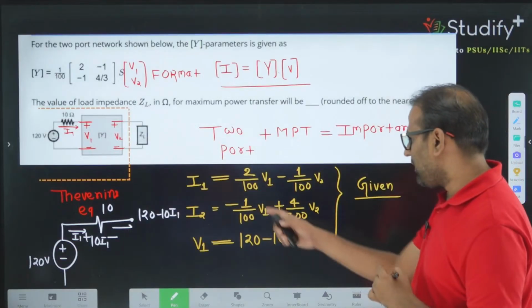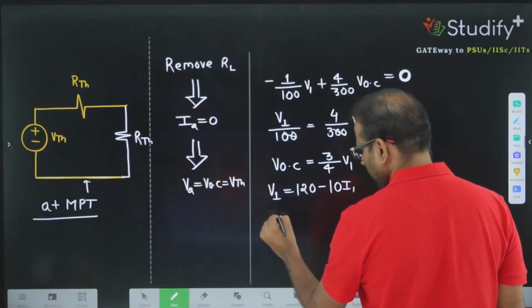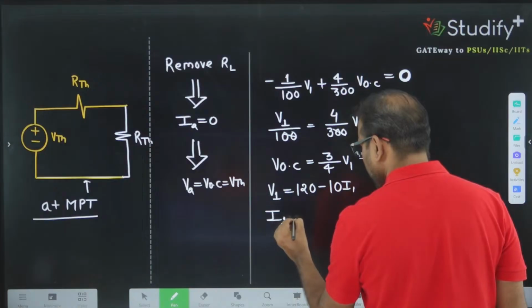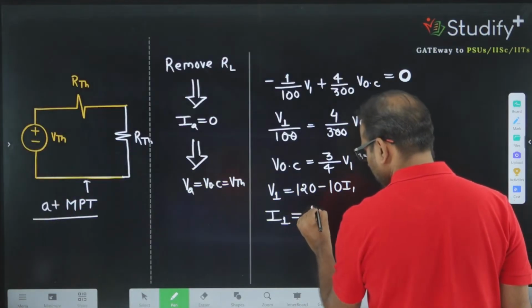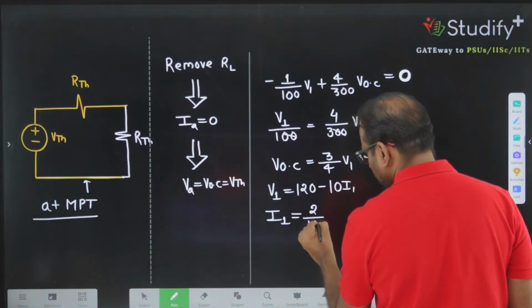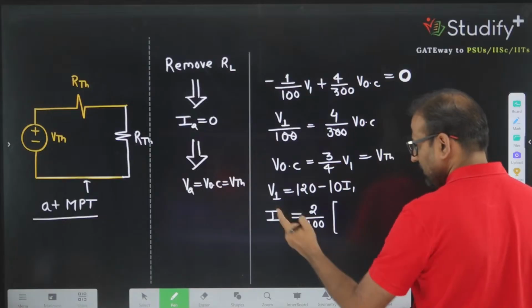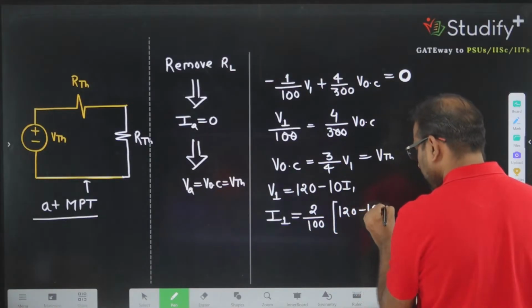The first equation we are having, I1 is equivalent to 2 by 100 times V1. I can write this value as 120 minus 10 I1.